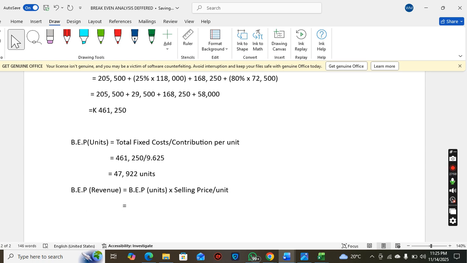So you can say with 47,922 times the selling price per unit, which was 13.75.